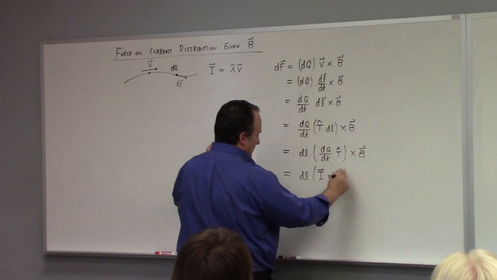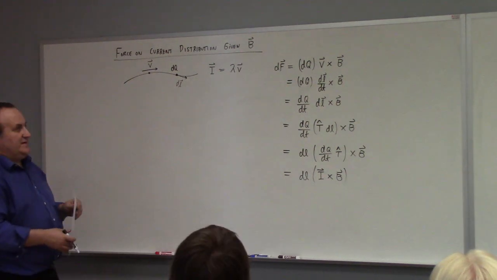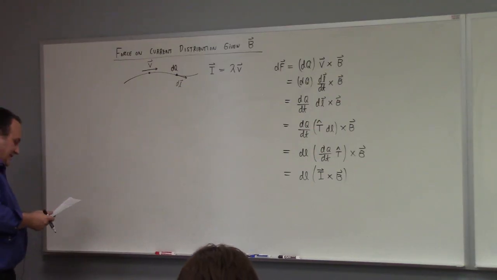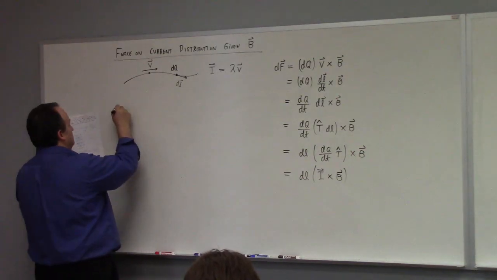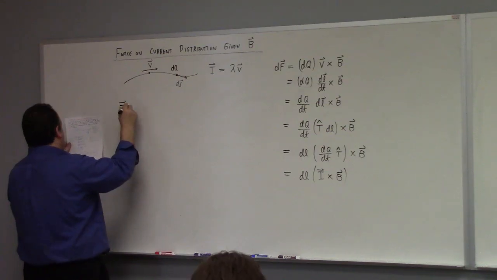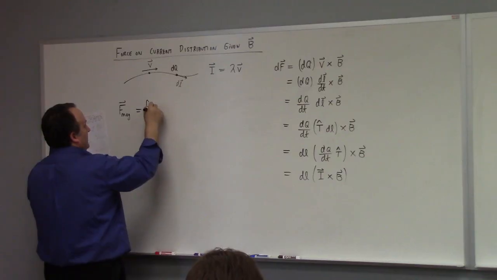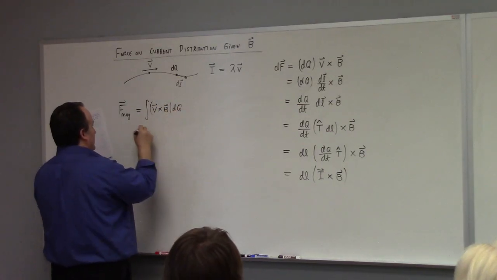All right. So here's a bunch of different ways to look at the infinitesimal force from just a little dq moving with velocity v with respect to a magnetic field. And however you slice it, you have different options here, right? The magnetic force on the wire, you can either integrate v cross B dq, but you could also do what?